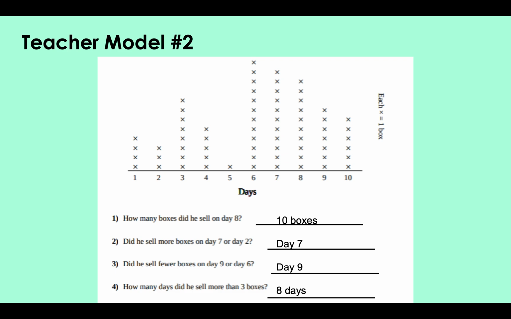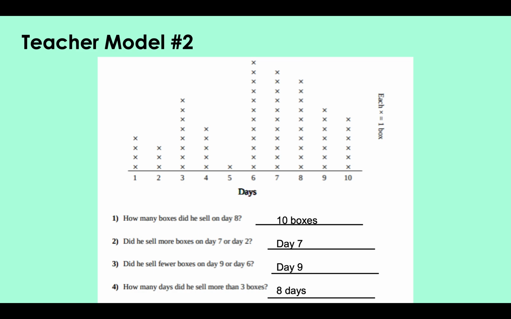Number 3, did he sell fewer boxes on day 9 or day 6? So I'm looking at day 6 and I'm looking at day 9, and day 9 has a lot fewer X's or boxes sold on top of the number 9 than the number 6. Number 4, how many days did he sell more than 3 boxes?